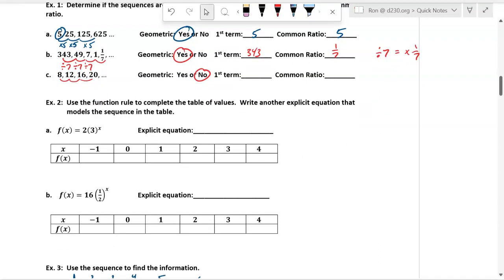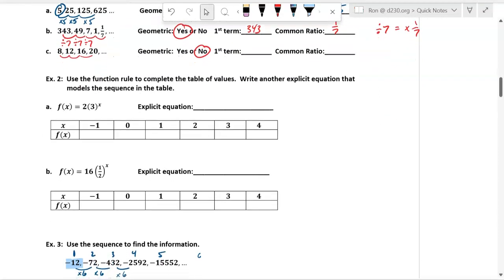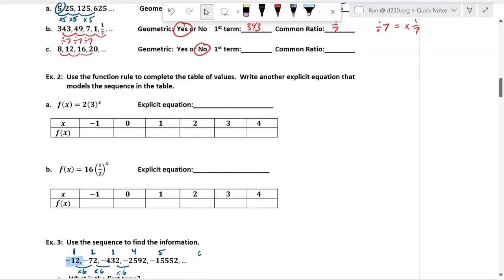But here's the thing I want you to see. If I were to create and fill out this table, I'm going to start with plugging 0 in for x. So I'm going to get 2 times 3 to the 0, which is 2 times 1, because anything to the 0 power is 1. 2 times 1 is 2.